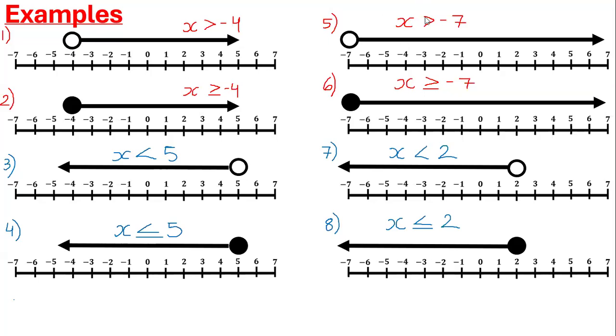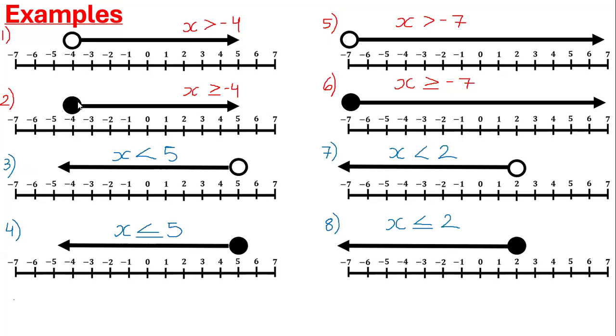Now let's move on to number 5. Why do we have greater than -7? Isn't it because we're going to the right? If we're going to the right, you look at this as -7, it's going to put X is greater than -7. That makes sense? Yes, sir. Good, now let's do the next one. Now it's going to the right again, but this time you see it's shaded, right?